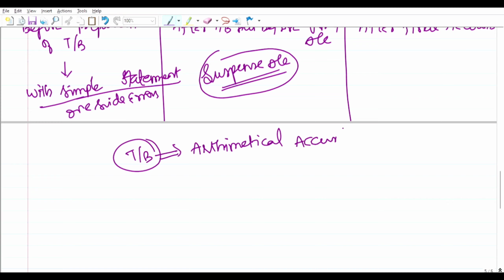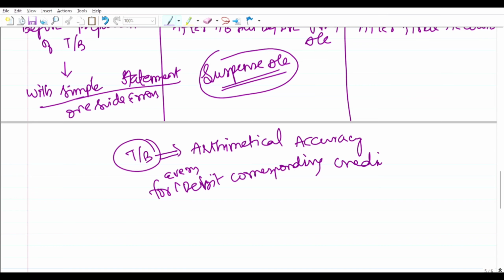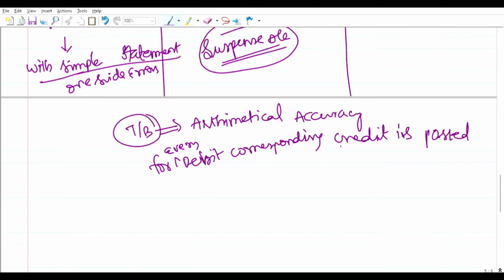Arithmetical accuracy, that means what? For every debit, the corresponding credit is posted.